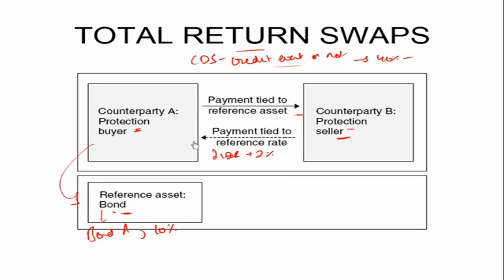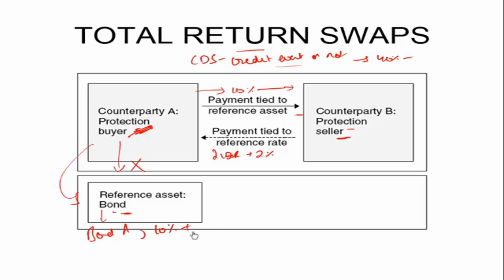Now for the remaining life of the bond, whatever is the return on this bond, the protection buyer will give to the counterparty B. So if the value doesn't change, 10% every year or every quarter, whatever is the period, will be given to the counterparty B in exchange for LIBOR plus 2% that the protection seller will give to the protection buyer. So the protection buyer is no longer invested in bond A for all practical purposes.